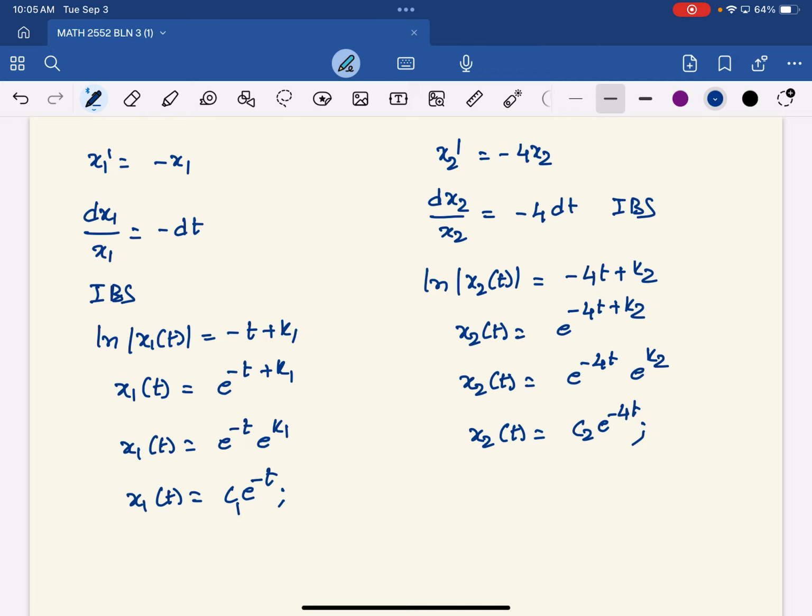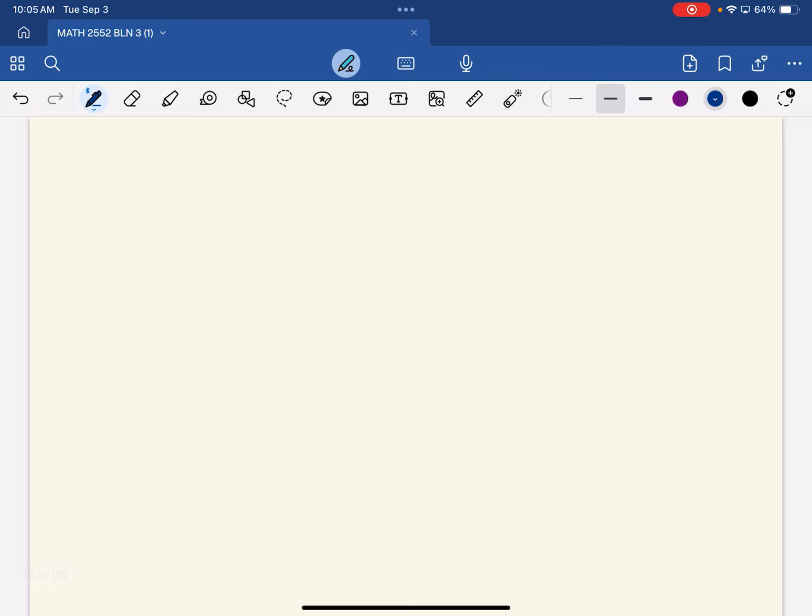So this tells me one cool thing. That is, my solution x1 of t and x2 of t is nothing but c1 e to the negative t, c2 e to the negative 4t. Is this what it is? It is, right? Do you agree with me on that? This is not a surprise.